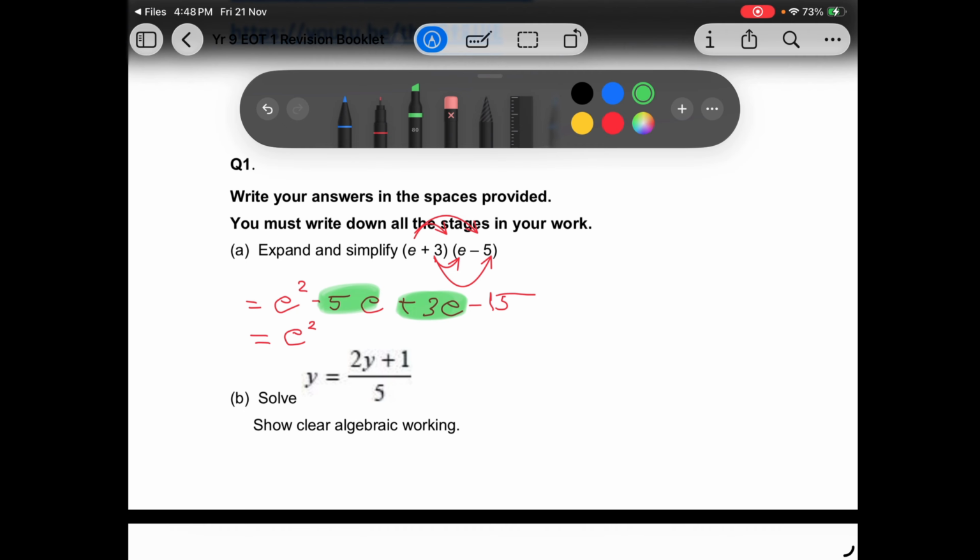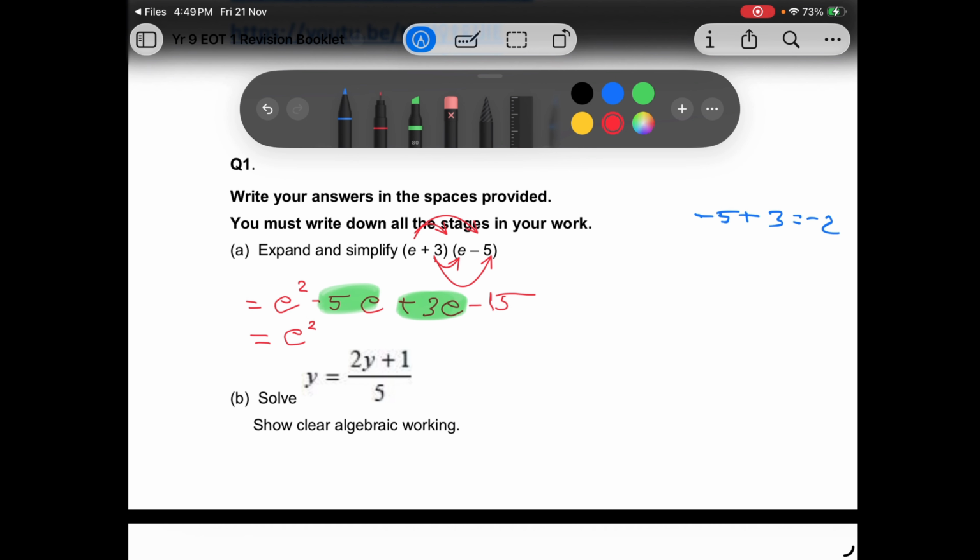So you can use this area here to give yourself more room. What is minus 5 plus 3? So minus 5 plus 3, guys, is minus 2, right? So minus 5 plus 3 is minus 2.